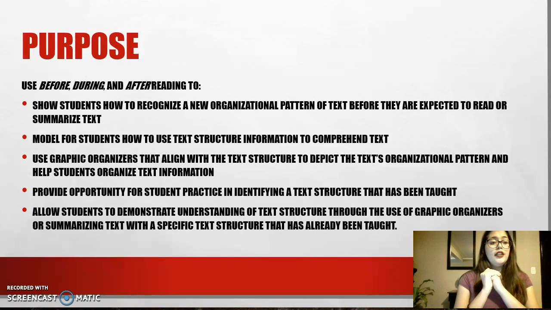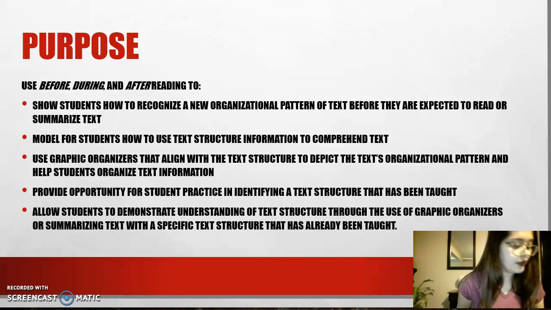Well, the purposes are before, during, and after reading too. Point number one, show students how to recognize the organizational patterns of the text before they are expected to read or summarize text.